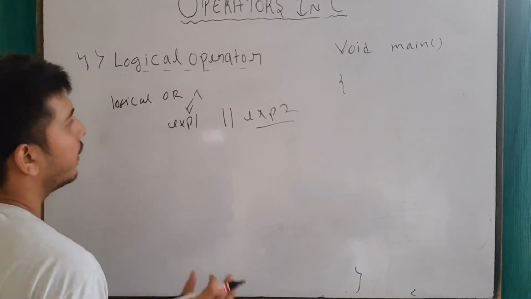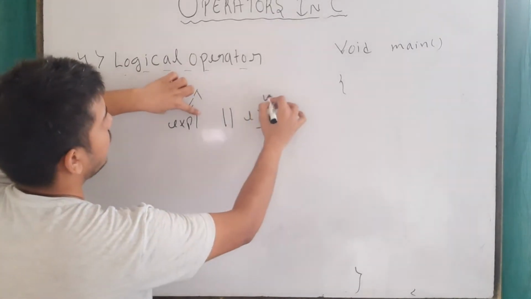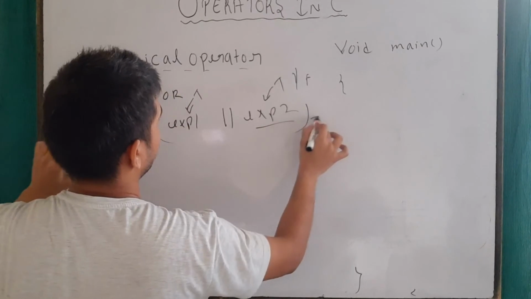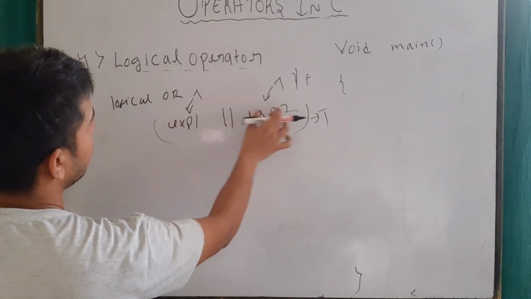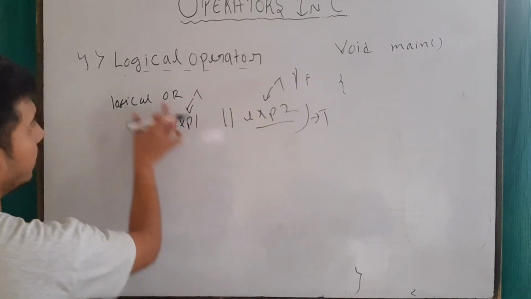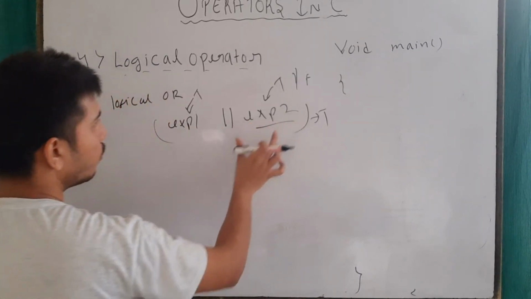Why? Because let's say expression 1 is true. Expression 2 is either true or false, but the end result will be true, because true OR anything is true. So remember that in logical OR, when expression 1 is true, the evaluation of expression 2 will not take place.